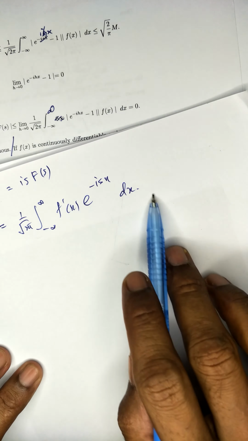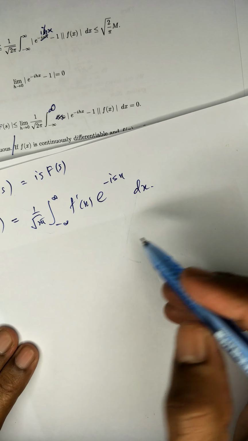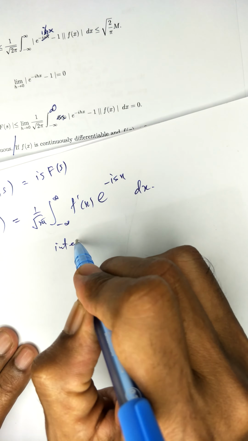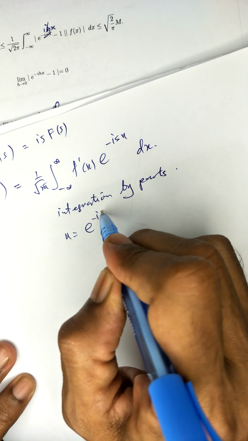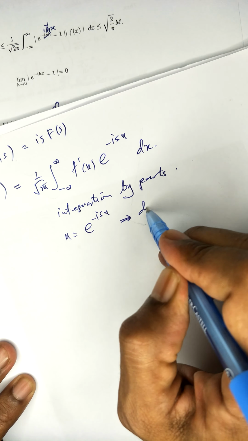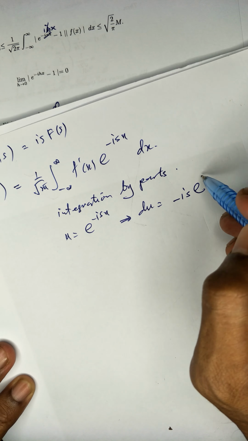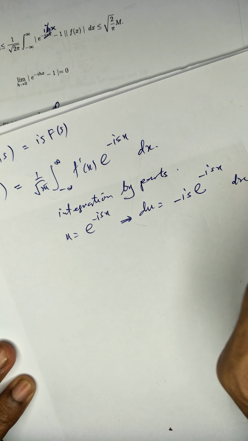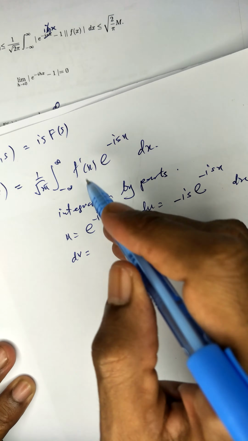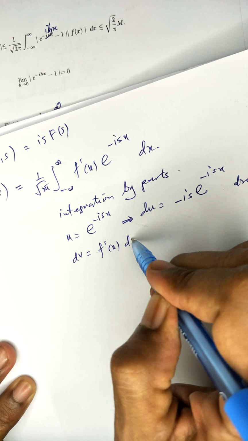So you can evaluate this by integrating by parts. Where you can consider u as e to the minus i s x, that gives you du equal to minus i s e to the minus i s x dx, and you can consider dv equal to f prime(x) dx.